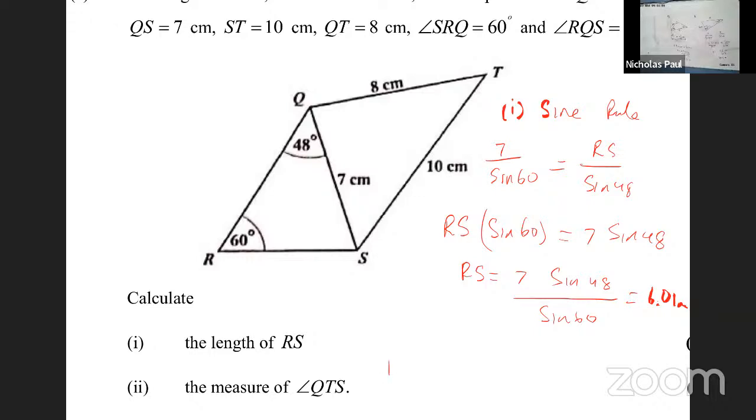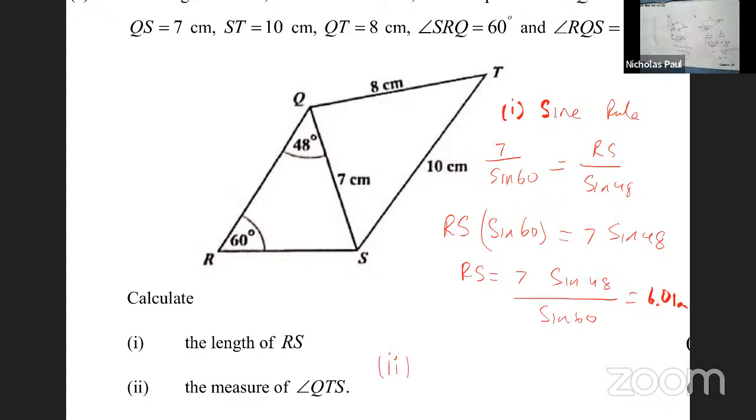Right, part two now. Real pressure in part two here. We have no angles. So which rule is that when you have more lengths than angles? Cosine. So cosine rule. But here's the problem, and I want you to work on this.